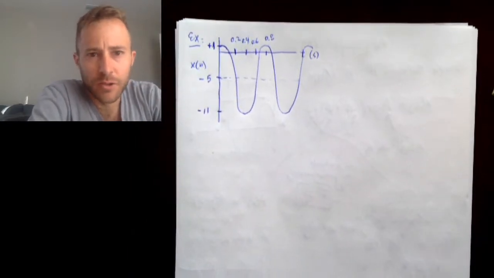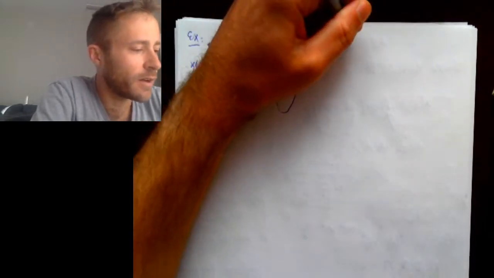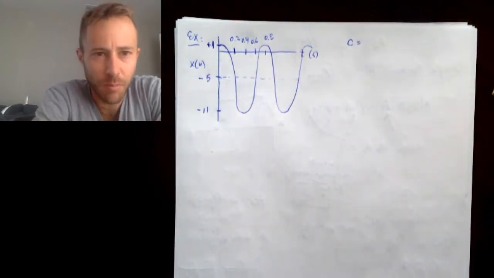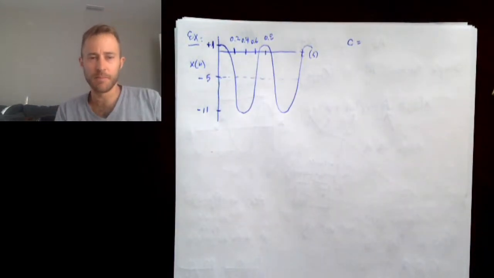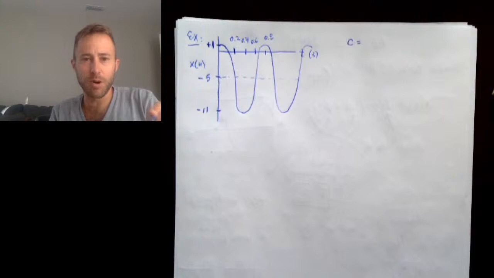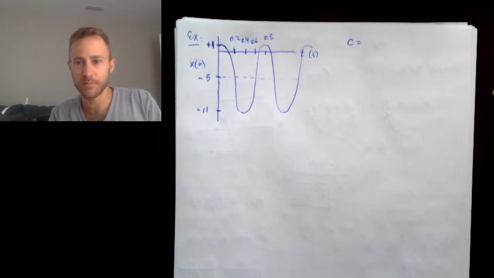This part should be pretty easy. Who can type into the chat, what is the equilibrium position C of this simple harmonic motion? What is the x coordinate, the position that this particle is vibrating about? It's going back and forth about a certain location.